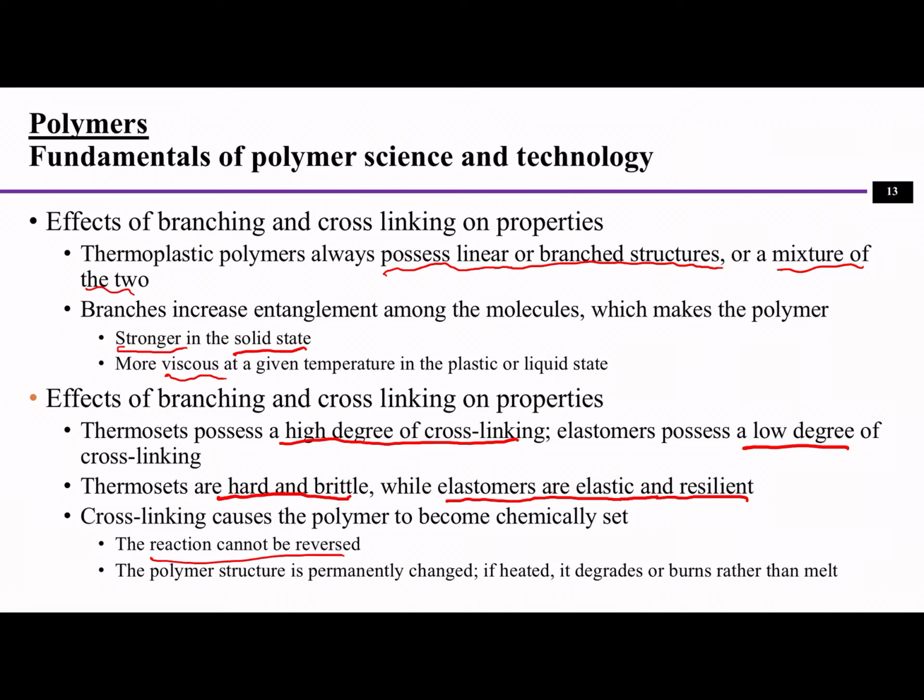So if you heat a thermoplastic, usually it will convert to a liquid state, and when you cool it down, you can convert it back by injection molding or some other ways. But for polymers that have crosslinks, it's very hard to go back to the original cross-linked structure.